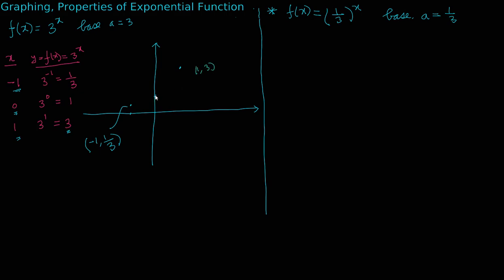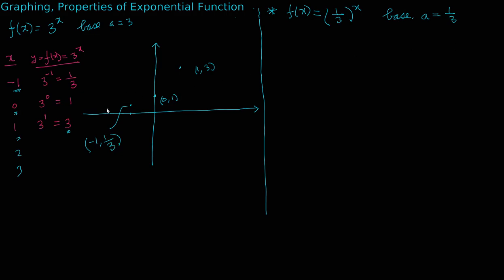This is my point where x is 0, y is 1. Of course I can have x equal to 2, then x equal to 3, and so on. Now let's connect these points and see what we get.